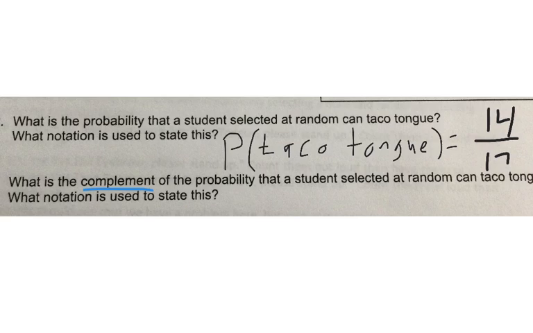When we talk about complement here with probability, the complement is the opposite of the event we're looking for. For instance, if I was flipping a coin and I want to know the probability of getting heads, that would be 1 out of 2. Well, the complement is everything else that doesn't give me heads.